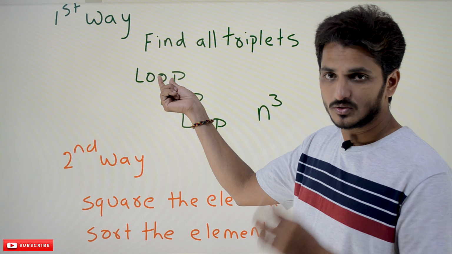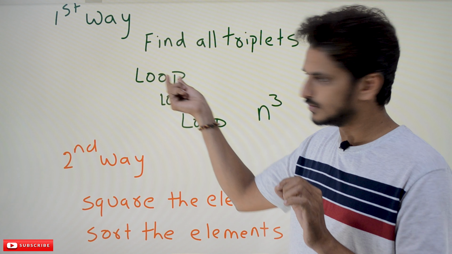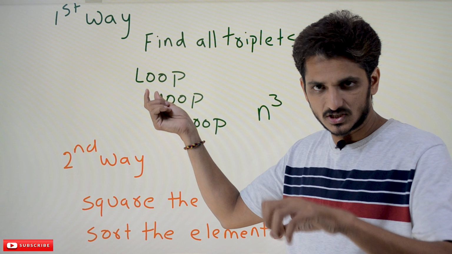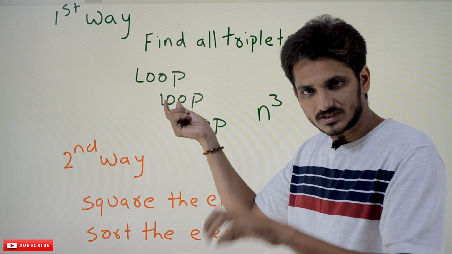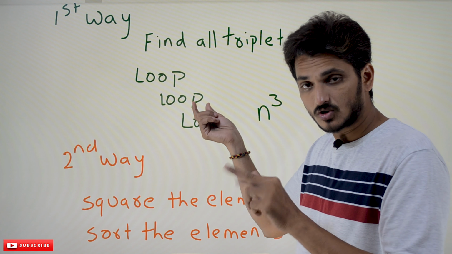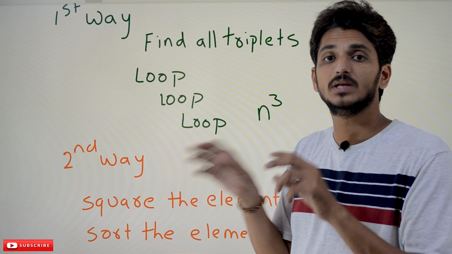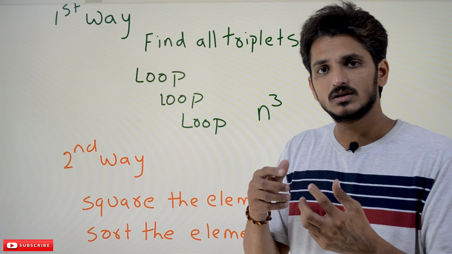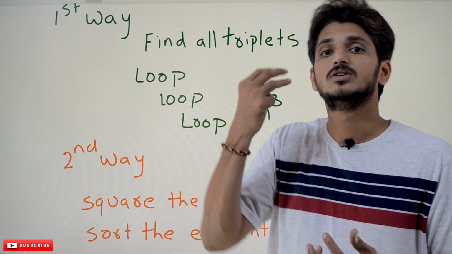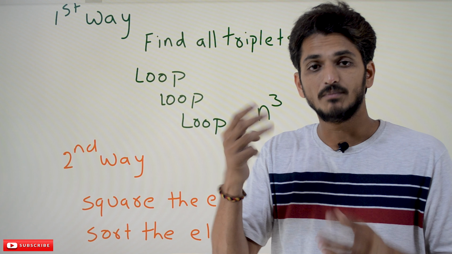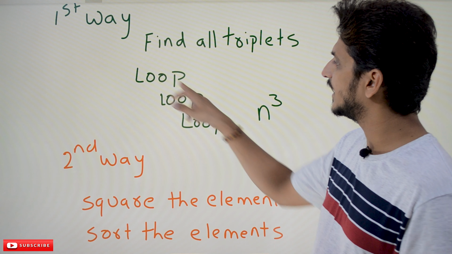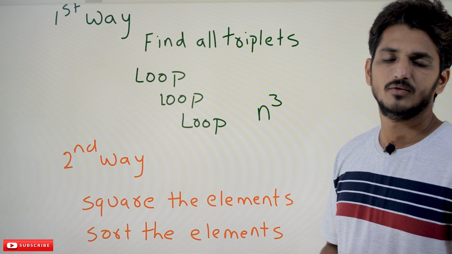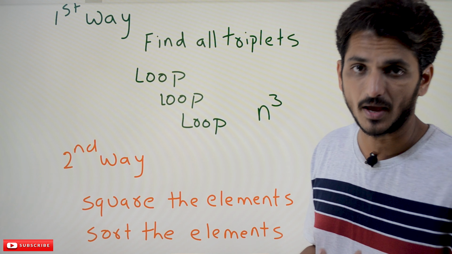The ith loop takes the first element, the jth loop takes the second element, and for this combination the kth loop picks the remaining elements. This is how we can write the code to pick the triplets. But this is not efficient. A loop within a loop within a loop is going to take n cube time.